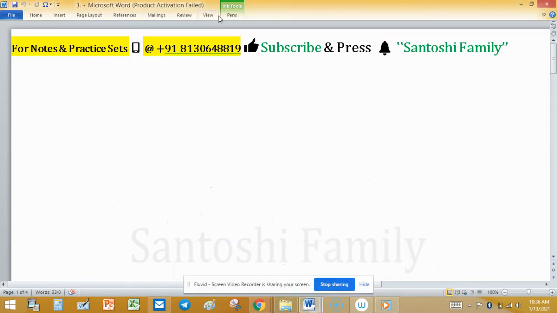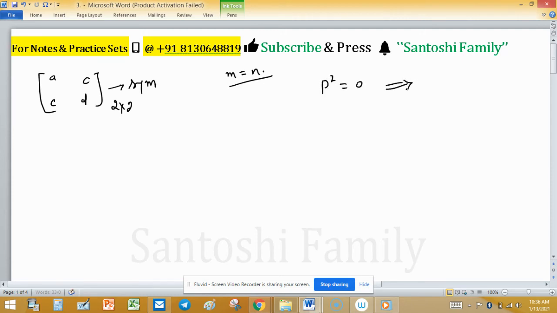So consider a, c, c, d, a 2 by 2 symmetric matrix. Order is 2 by 2 so M equal to N, condition satisfied. P square is equal to 0, then it will imply P equal to 0.